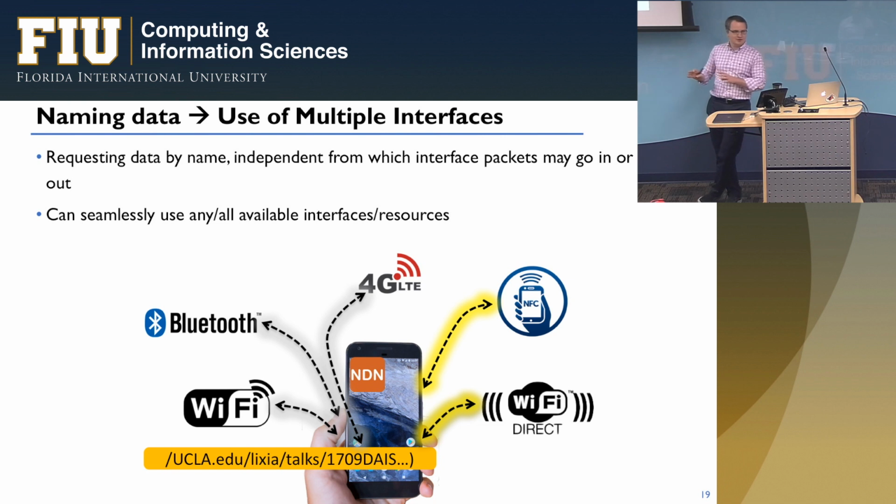I'll try to get to the point, but just a highlight. You package those name relationships, how the name of the data and the name of the key that signed the data should be related, as a data packet and deliver it to somebody else, so that person can verify.